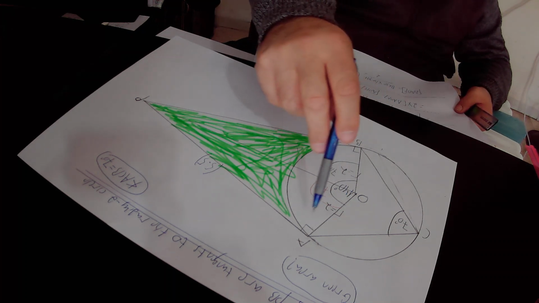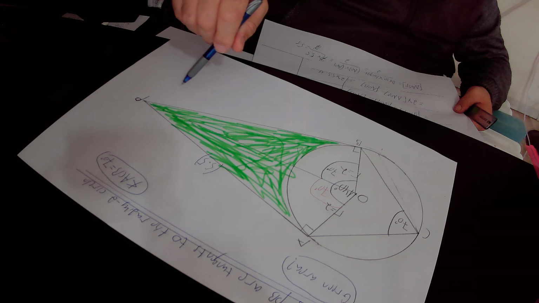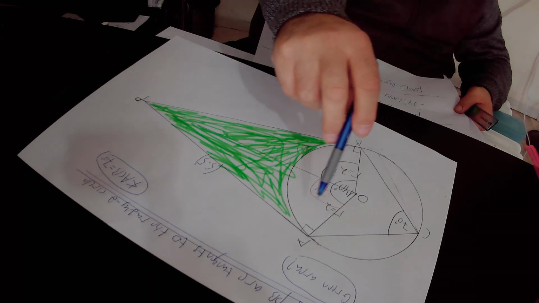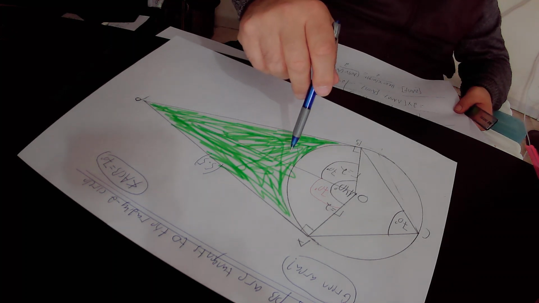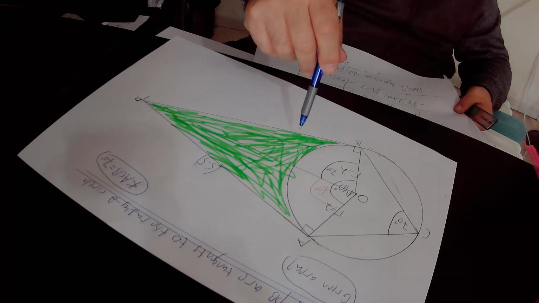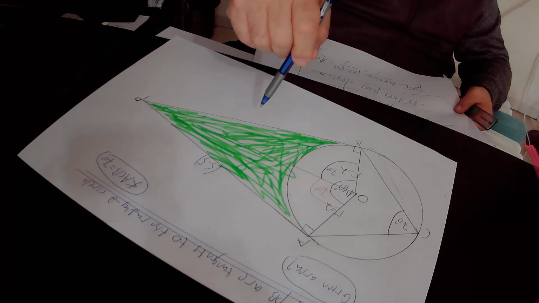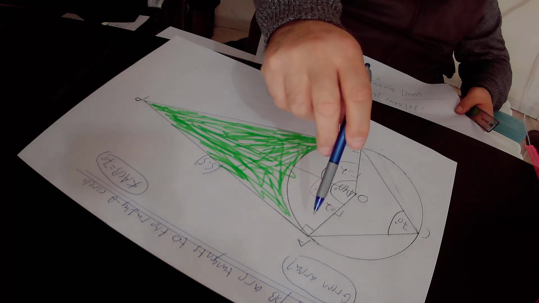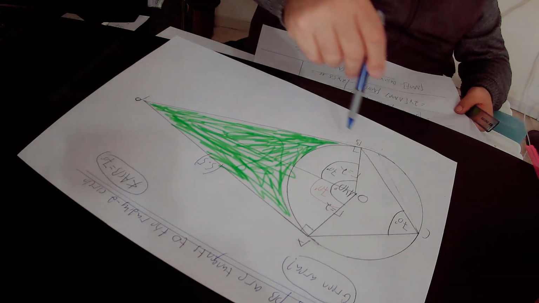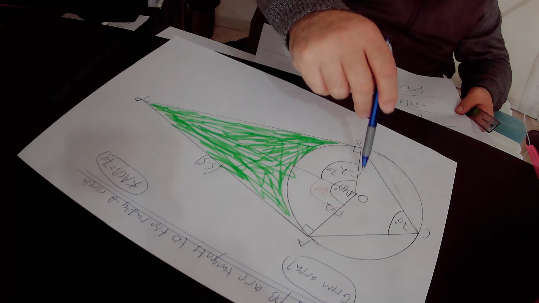Now, from the sum of the areas of those two right triangles, that is actually the area of quadrilateral APBO, we have to subtract the area of this sector, sector AOB.